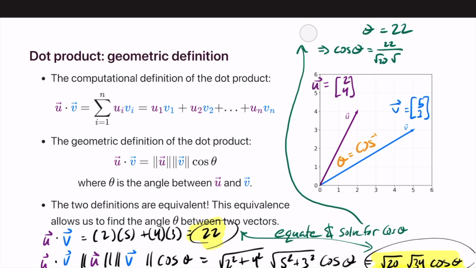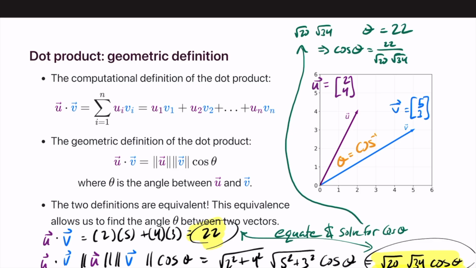Now let me rewrite all this, and we can simplify it. The square root of 20 is the square root of 4 times 5. Pull the 4 out, which gives us 2 root 5.